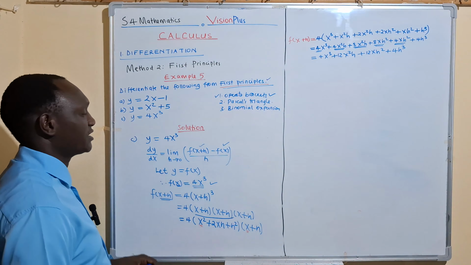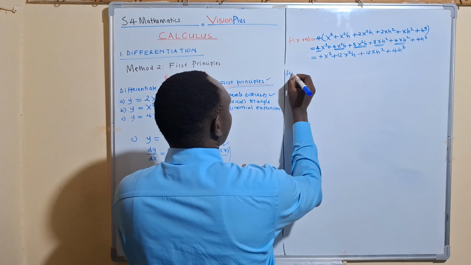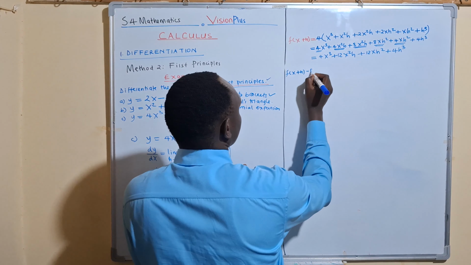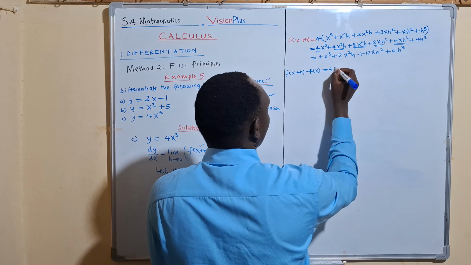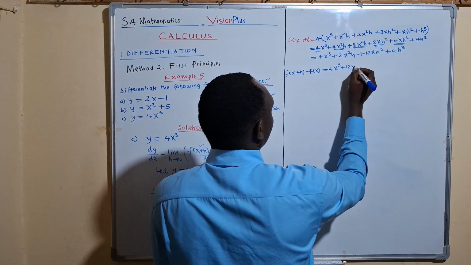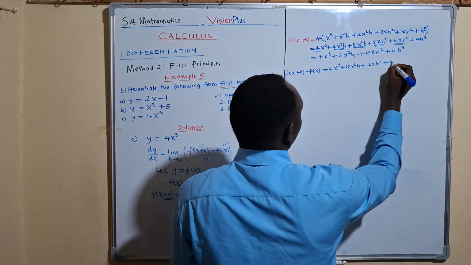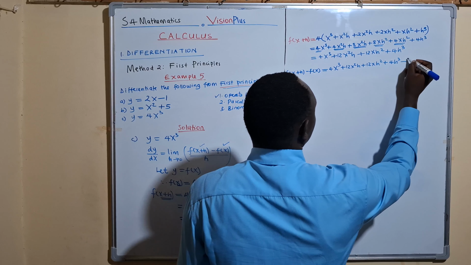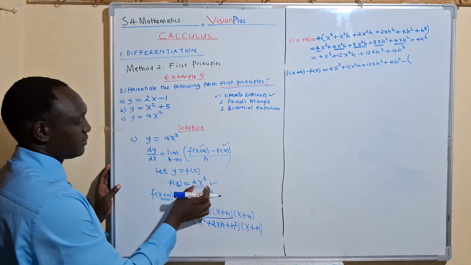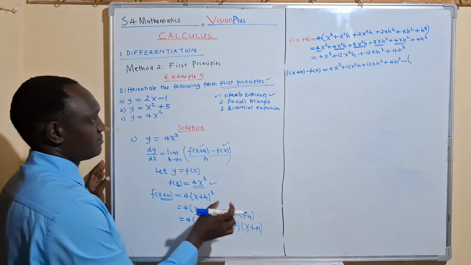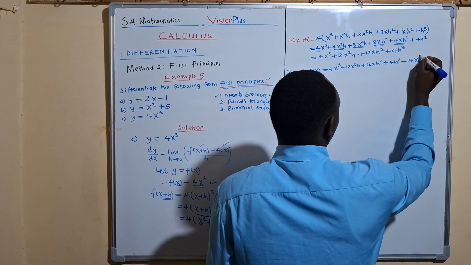So after getting f of x plus h, now we need to get their difference. So we say f of x plus h minus f of x equals, this is f of x plus h, which is 4x cubed plus 12x squared h plus 12x h squared plus 4h cubed, minus, f of x has only one term, so we may not even put the bracket, minus 4x cubed.